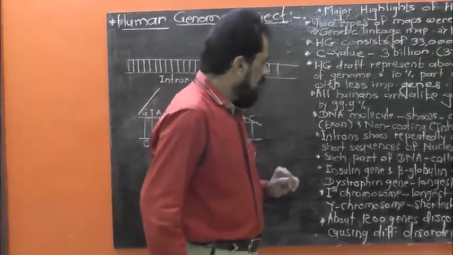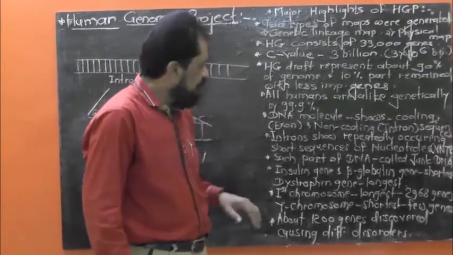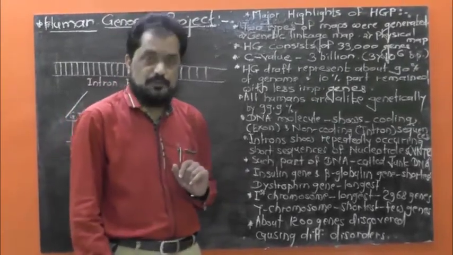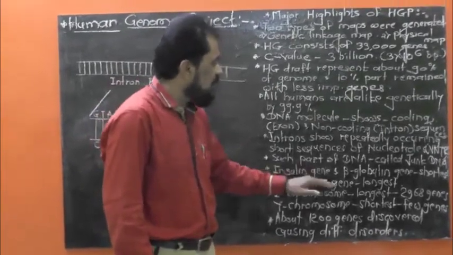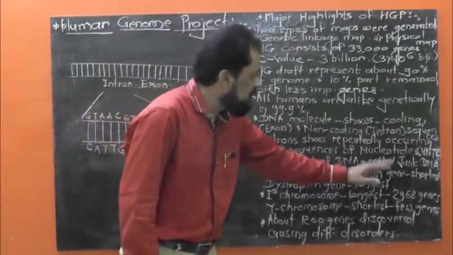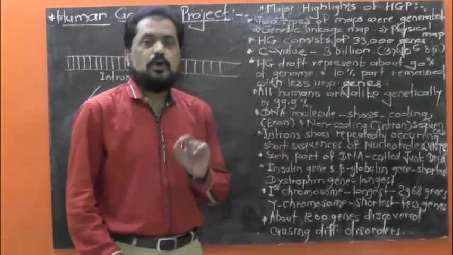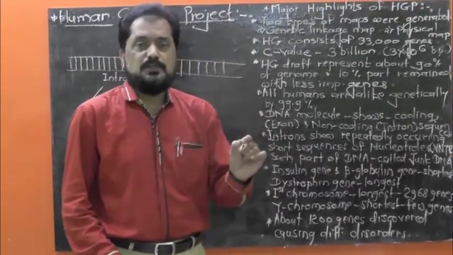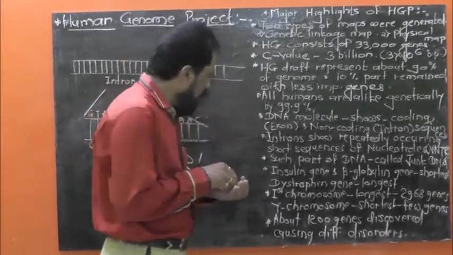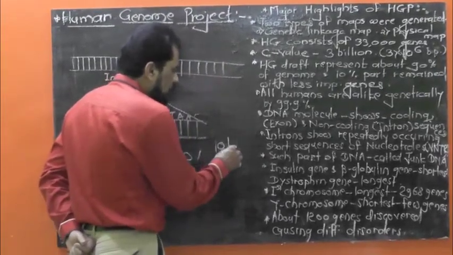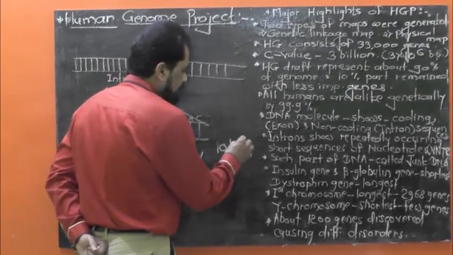Now the next highlight: through the Human Genome Project, it was found that the insulin gene and beta globulin gene are the shortest genes in the human genome. Shortest genes having the size of only 10 kilo base pairs.